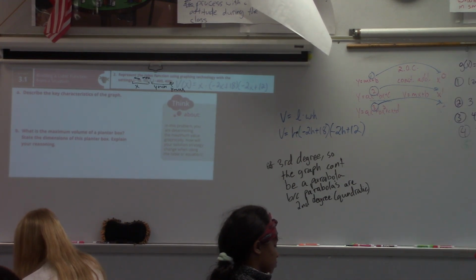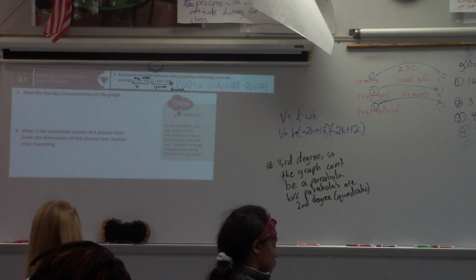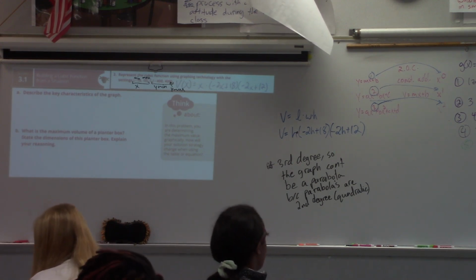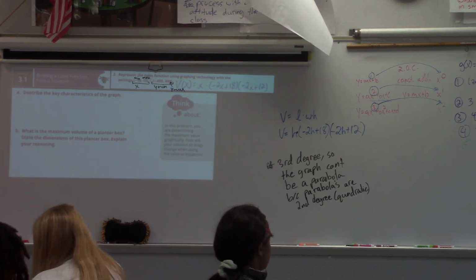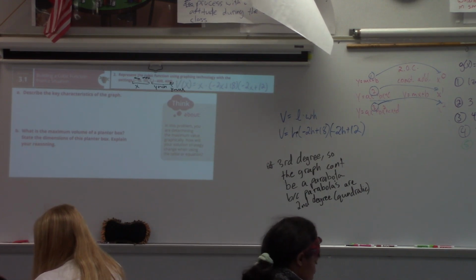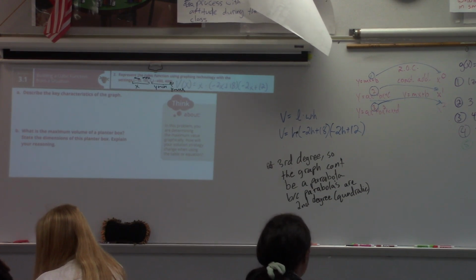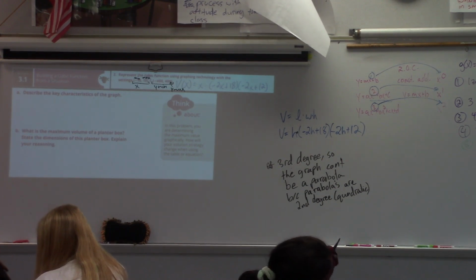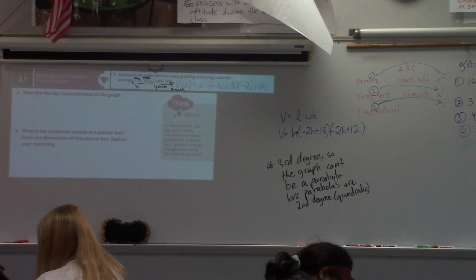Did you ever get your graph done? Remember, we can't use H, right? So go to your window settings and change your X minimum and maximum based on what's in the book under number 2. Wherever there was an H, we needed an X. And remember, we needed an X in front of this.